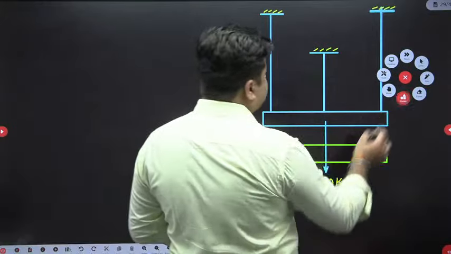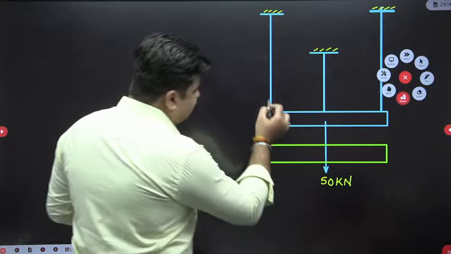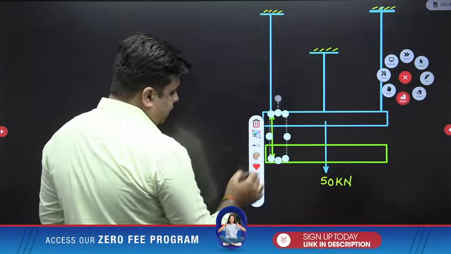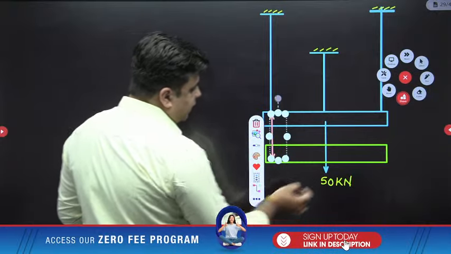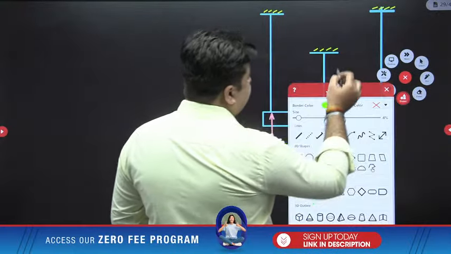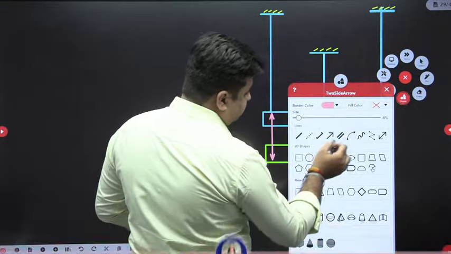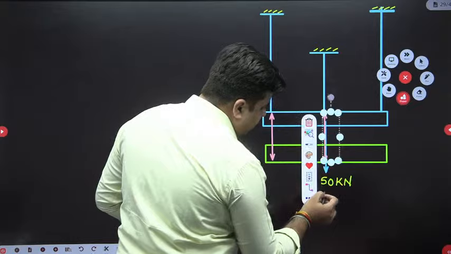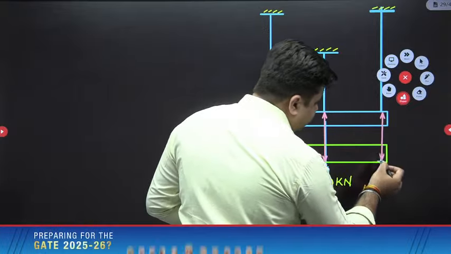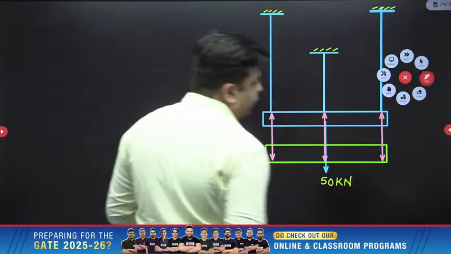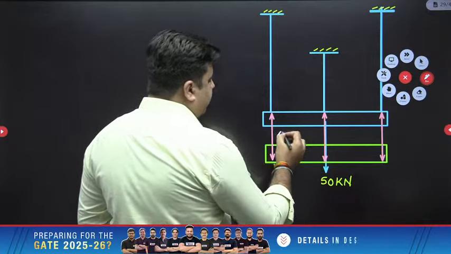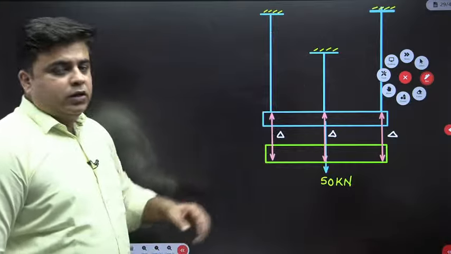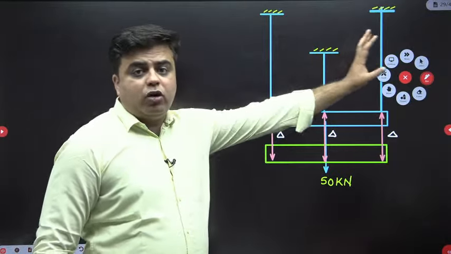My observation here is very simple, that this outer bar is undergoing a deformation of delta, and so as the inner bar. This middle bar is also undergoing a deformation of delta, and this bar is also undergoing a deformation of delta. Means all the bars are undergoing common deformations.